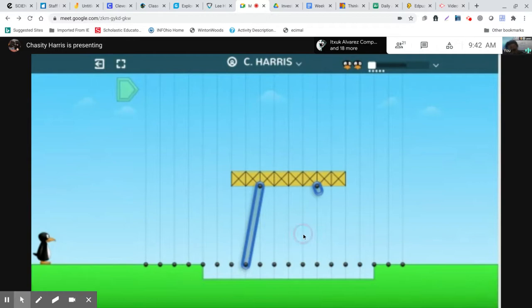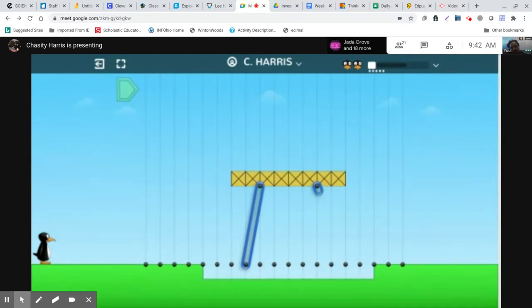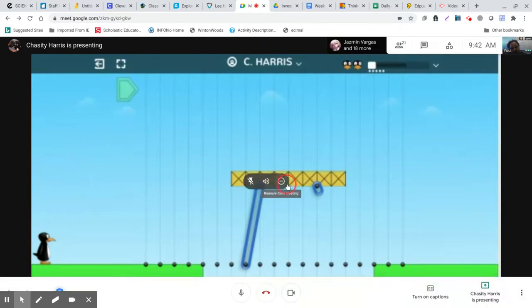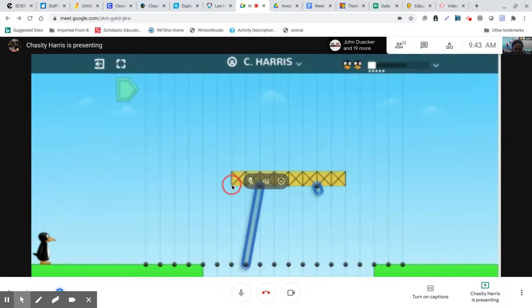All right. What position is the second rubber band hanging on? 0, 1, 2, 3, 4, 5, 6.